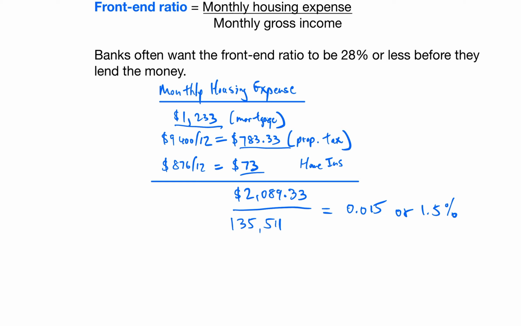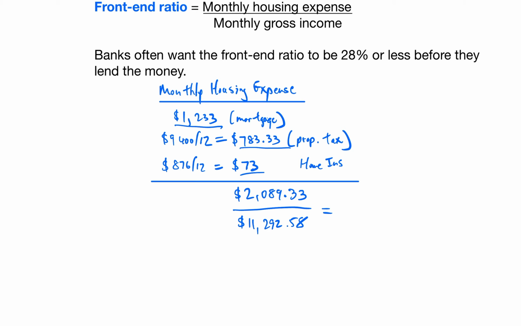So we're going to take 135,511 and we're going to divide that by 12. And let's go ahead and erase this number and this figure. The monthly gross would end up being $11,292.58.